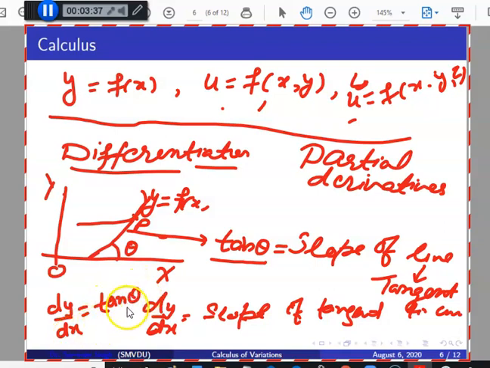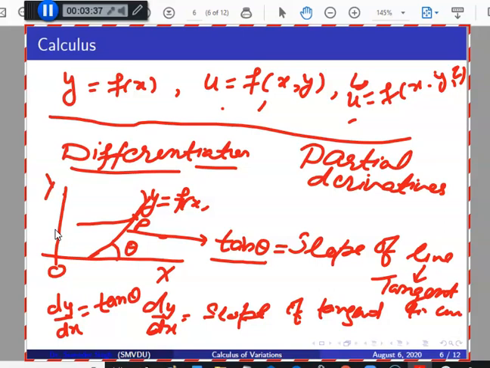Now what happens when theta equal to 0? When theta equal to 0, that means this tangent will be parallel to x-axis, either angle 0 or 180 degree. But in that situation, what happened?